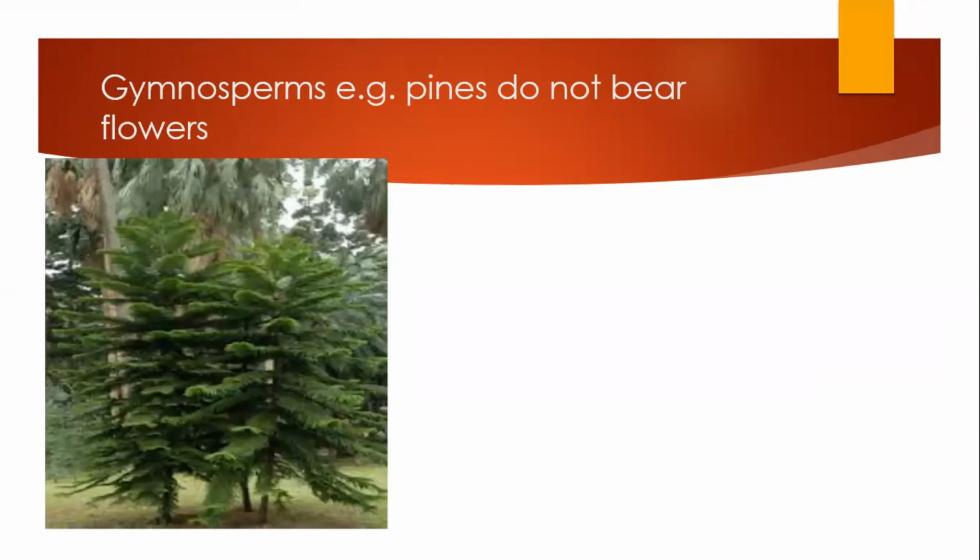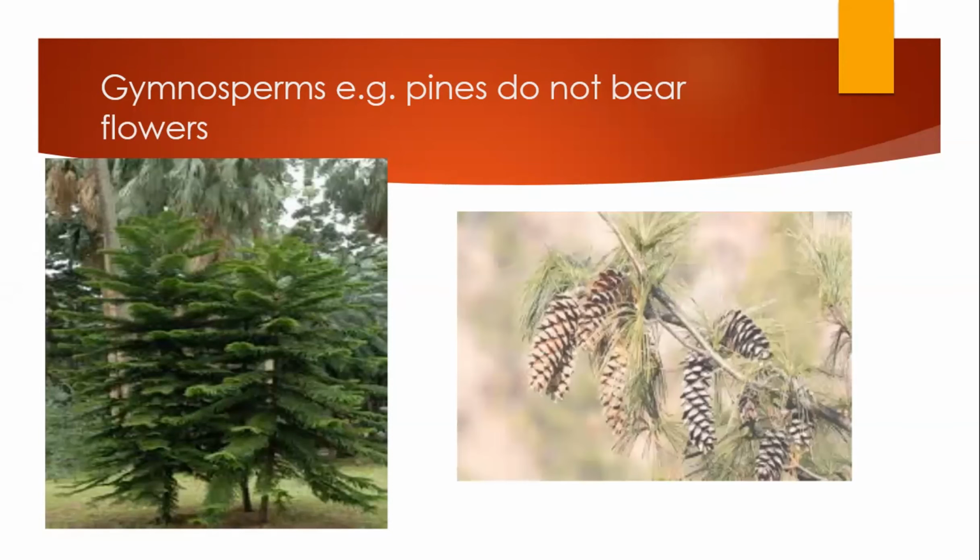That is the one we call the pine. It is, first of all, a vascular plant. Then it is a spermatophyte because it bears seeds, but it will never have a flower. So instead, how and where does it contain its seeds?